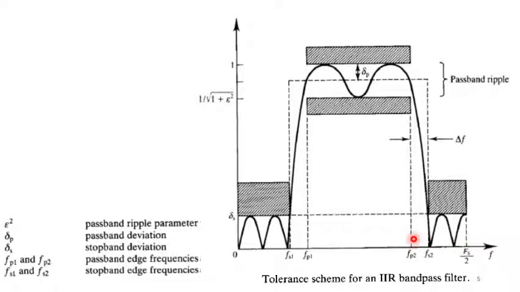If you compare the ideal with the practical, in the ideal case we have a flat pass band and a sharp cutoff response. But in practical filters, we have ripples in the pass band, and we have ripples in the stop band. Because this is a band pass filter, we have a stop band here and we also have a stop band here.